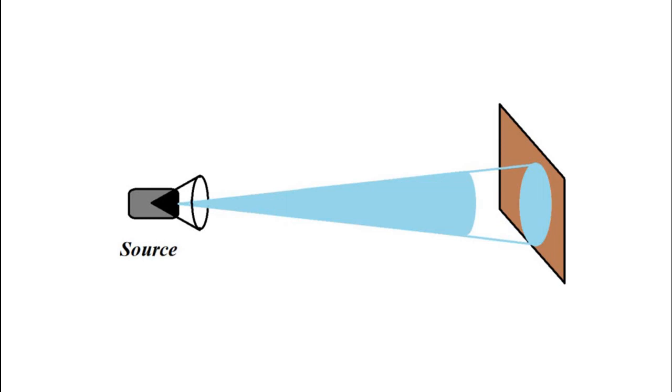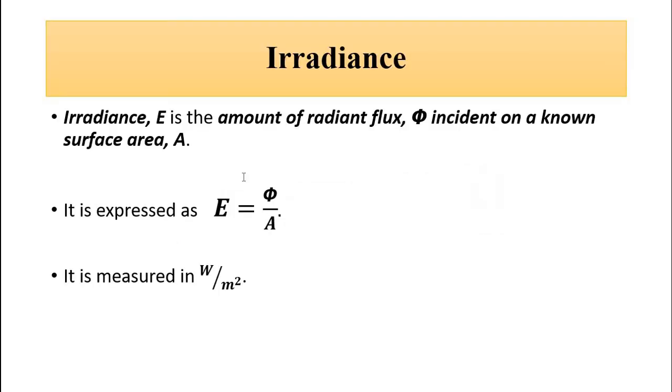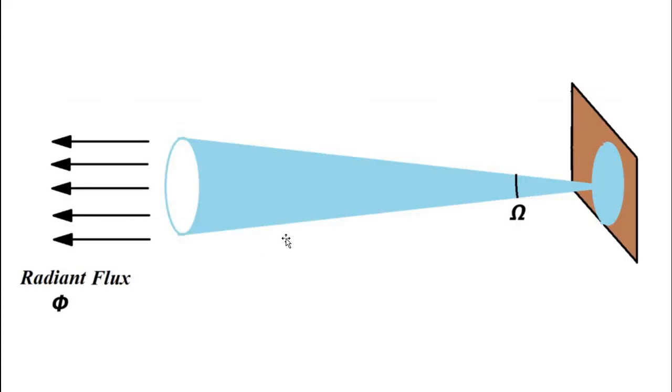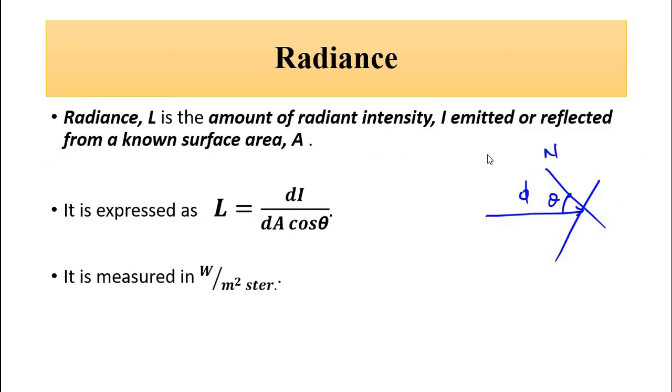That gives us irradiance, the radiant flux per unit area. Then from that irradiated part, the portion of the reflected radiative flux per unit solid angle gives us radiance.